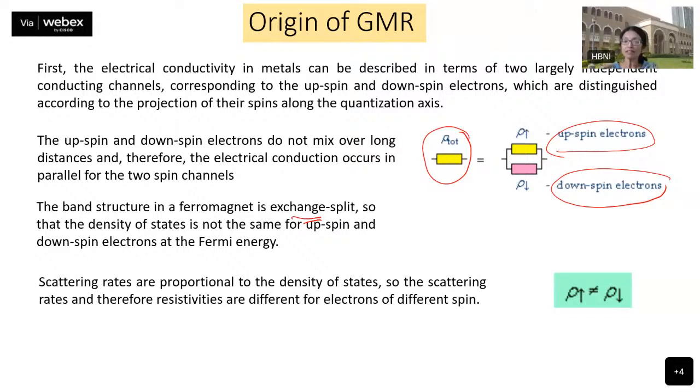Now the scattering rate, or the resistance, however you want to express it, is proportional to the DOS, the density of states. So the resistivities are going to be different for electrons of different spin, because the DOS is different in a ferromagnet, as it is exchange split. So automatically the resistance is going to be different for the upspin and downspin channels.